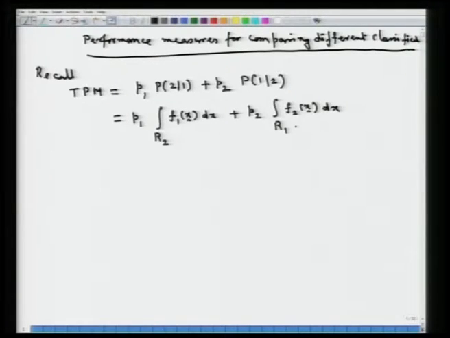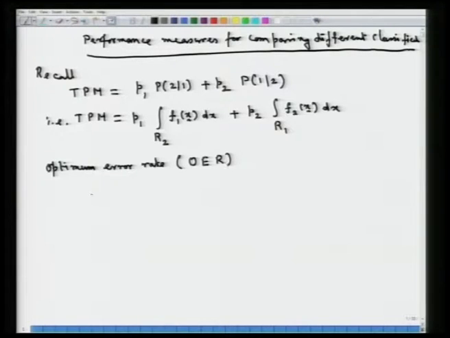Now, based on this total probability of misclassification, we can look at the following measure, which is called the optimum error rate, or OER.